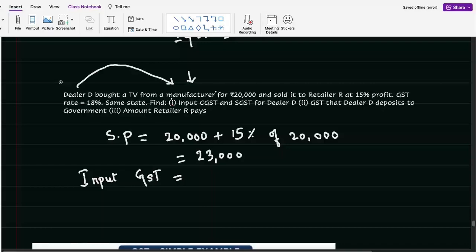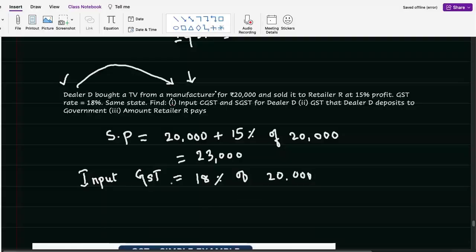That is the input for this dealer, not for the manufacturer. So the input GST for dealer D will be 18% of 20,000 rupees. Got it? 18% of 20,000 is how much? 3,600.